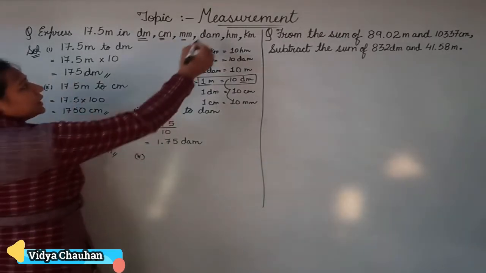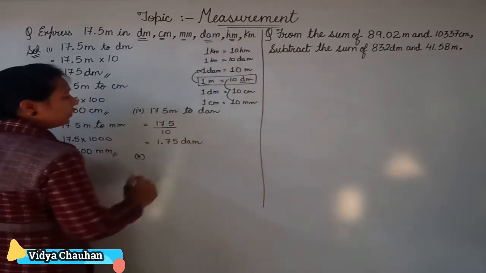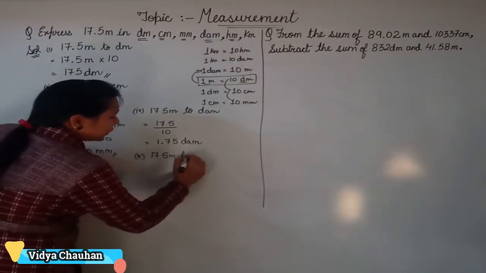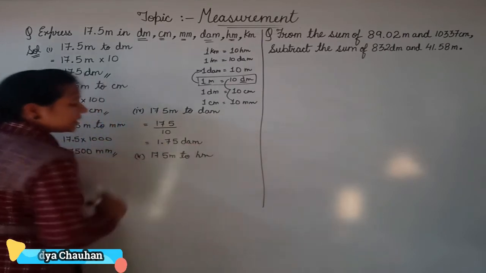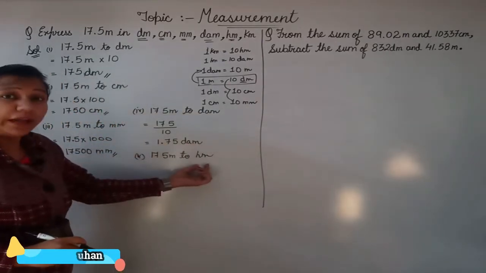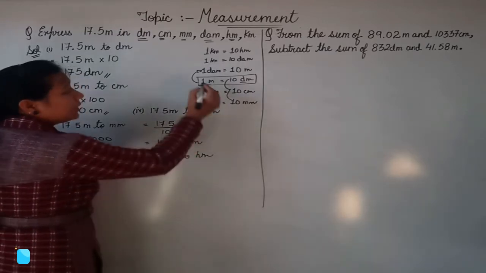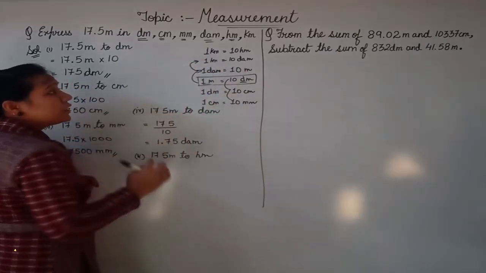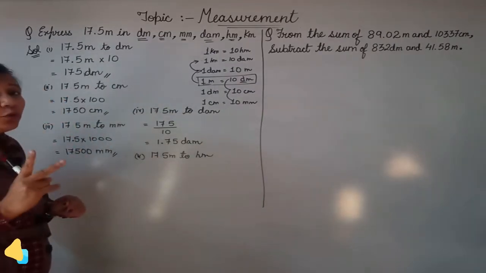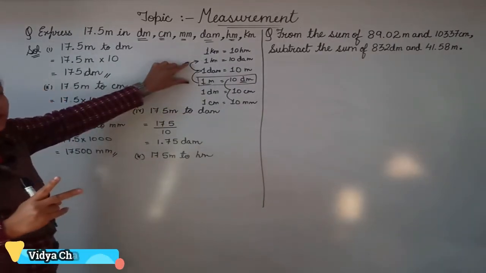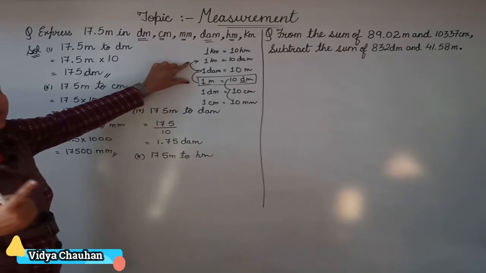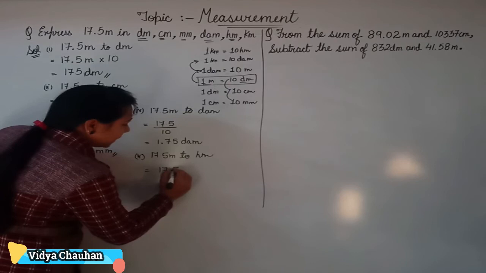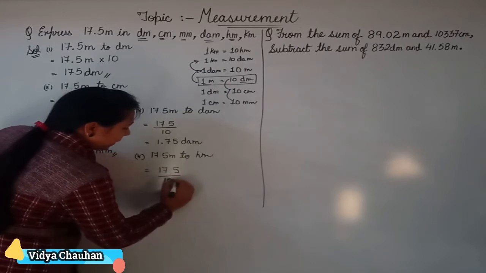Moving to the next part, in which you have to do the conversion to hectometer. So 17.5 meter to hectometer. The conversion will be meter to hectometer. That means there will be one more step. So we will be dividing it by 2 times 10, because there are 2 steps. 2 times 10 means divided by 100. So 17.5 divided by 100.